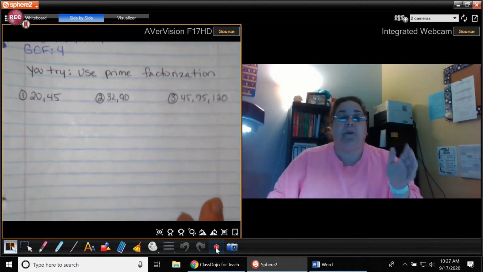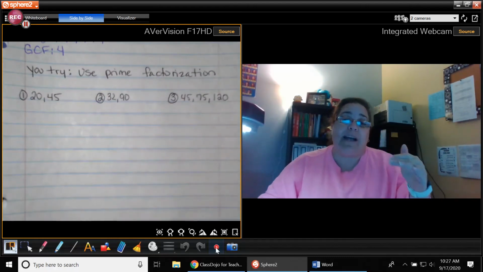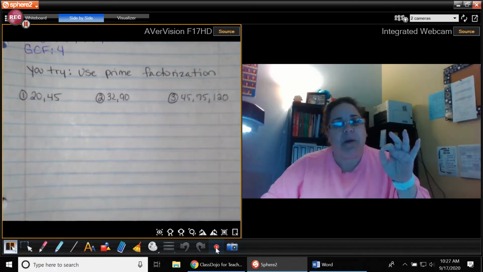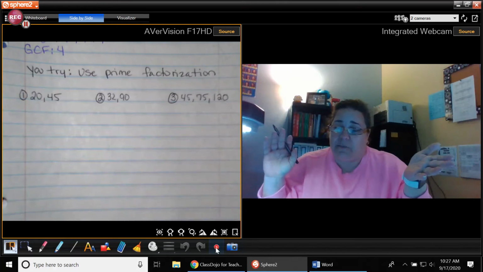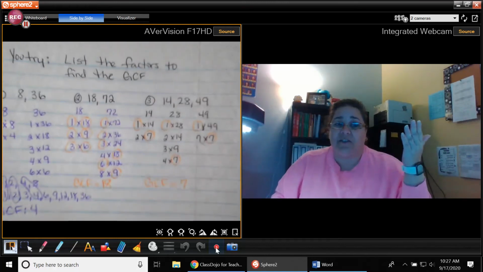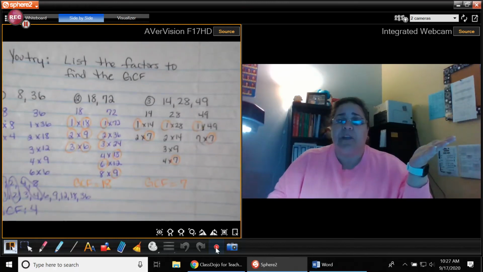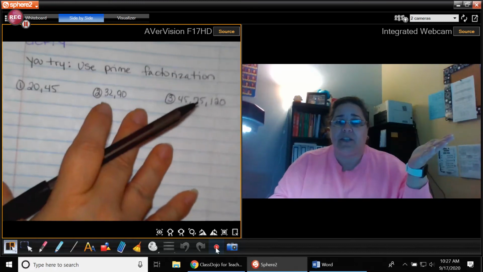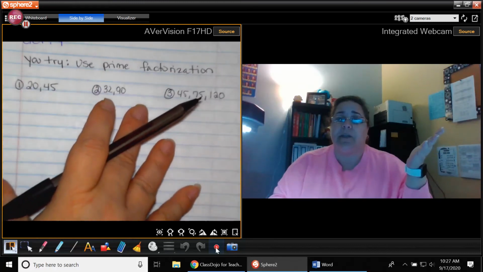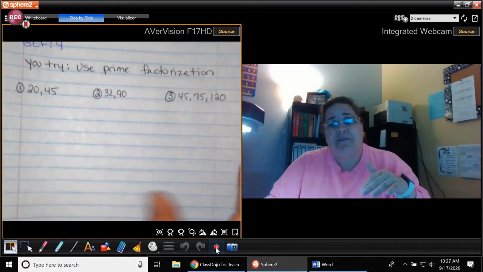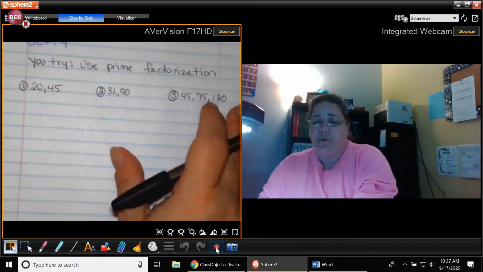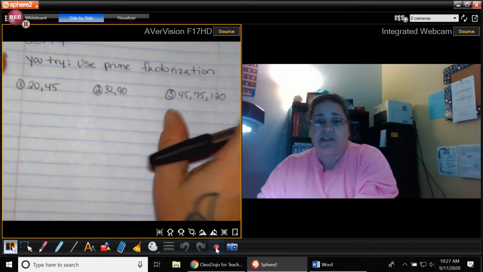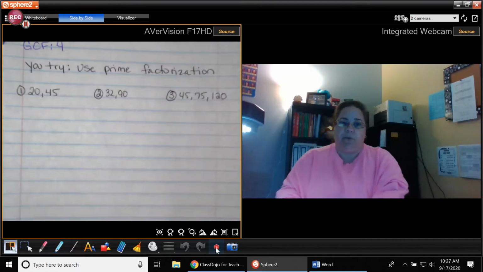Okay, so remember, you're going to be using your prime factorization method. Now, it's possible sometimes when we do prime factorization method, it takes a lot of space, because even just listing factors took up a lot of space, didn't it? So it's possible that your prime factorization method is going to take up a little bit more space. So if you need to have a piece of scrap paper so that you can keep your answers on the same page as your note examples, then that would be helpful, all right?